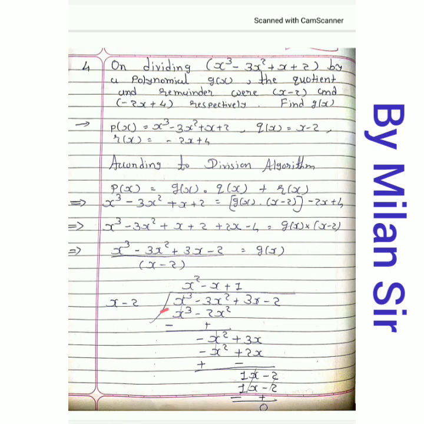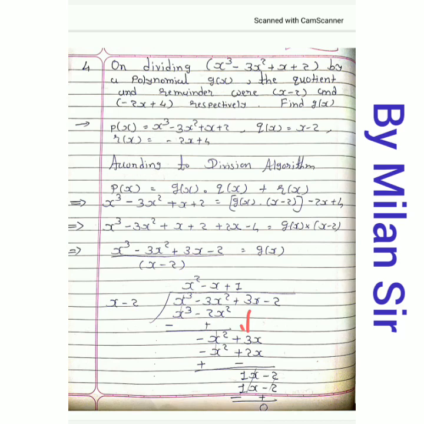So plus is converted in minus, minus is converted in plus. So our x cube cut out. Then minus 3x square plus 2x square, plus minus minus, 3 minus 2 is 1x square. In place of 1x square we can write only x square, so I written here x square, and bigger number sign, it's a minus 3, that's why I written here minus x square.